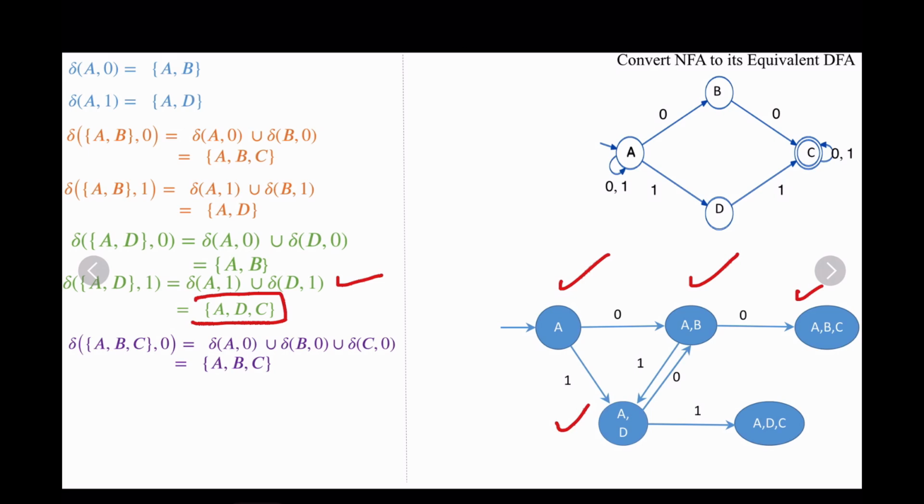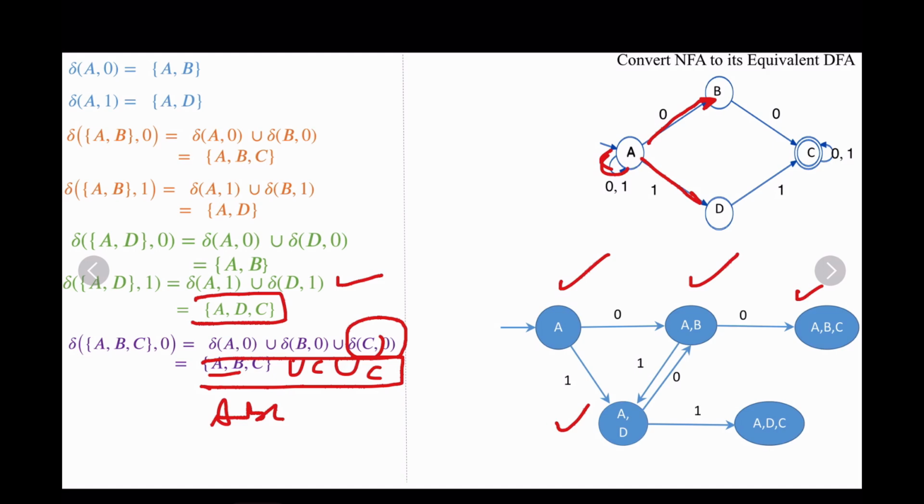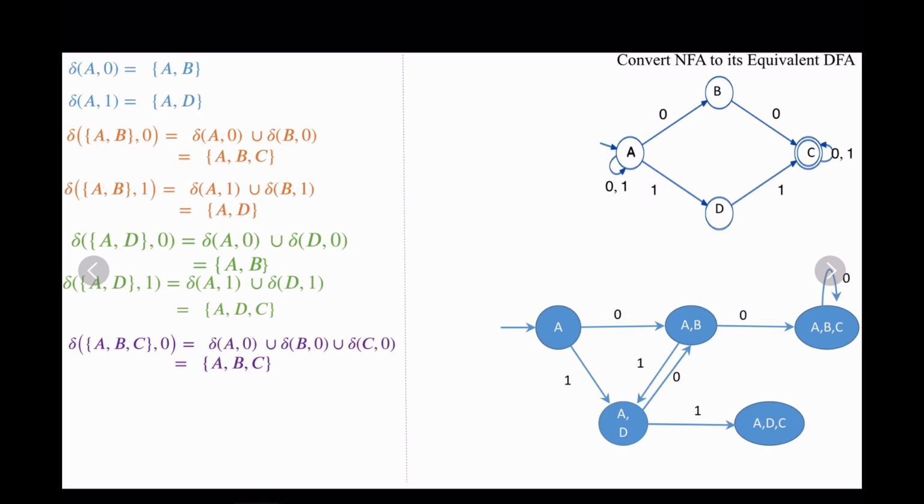A on 0 goes to A and B, B on 0 goes to C, and C on 0 goes to C itself. If I take the union, you will get ABC, so it goes to ABC only.